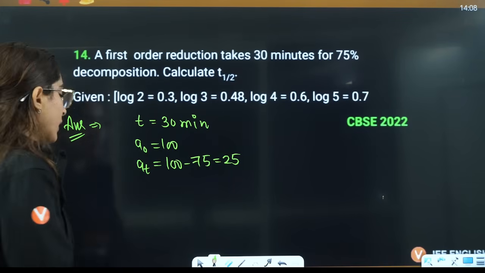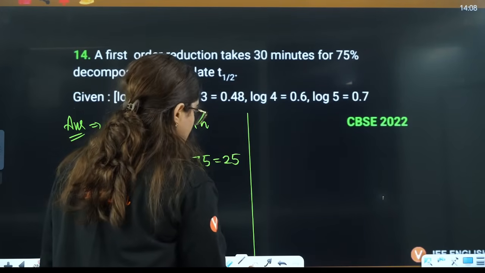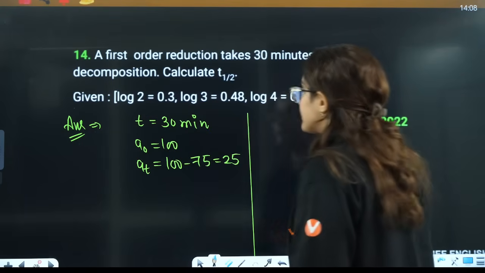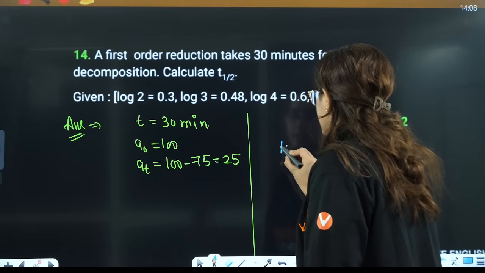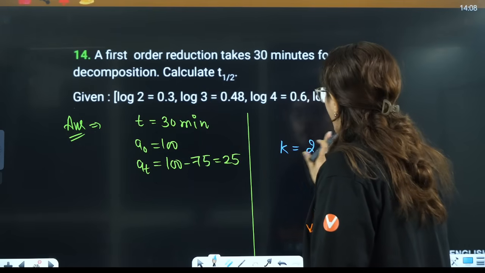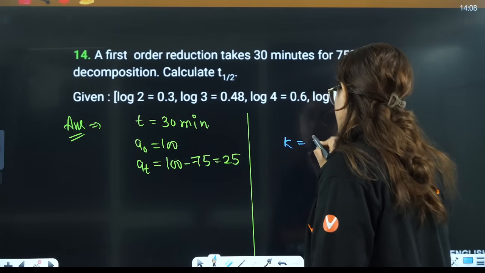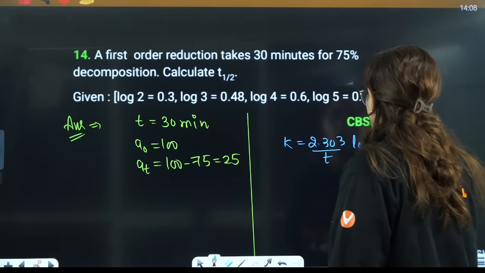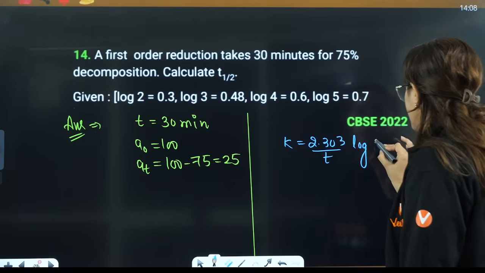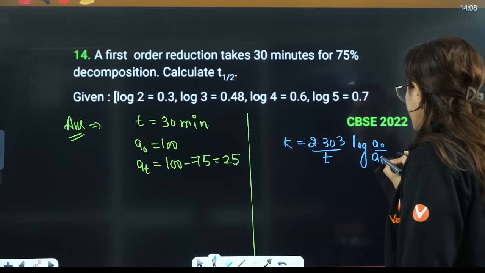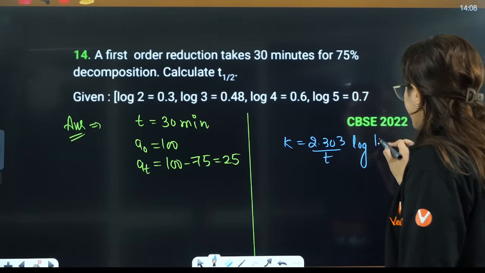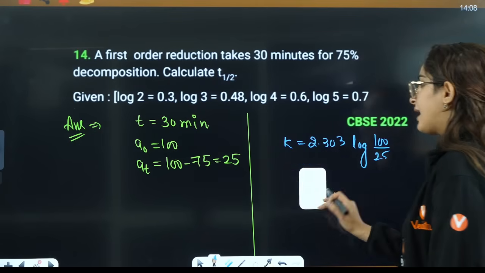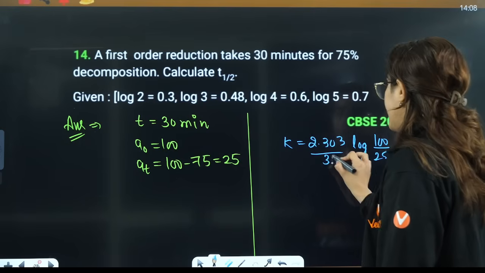Right? So in this case, K is equals to 2.303 by t, log of initial by final, A naught by A. So I'll write A naught as 100, A as 25, and time is given to me, that is 30 minutes.